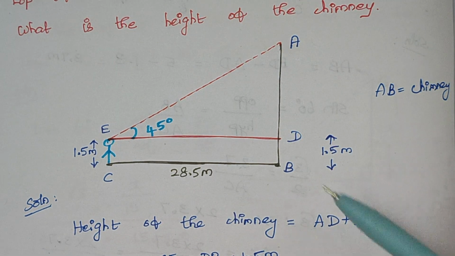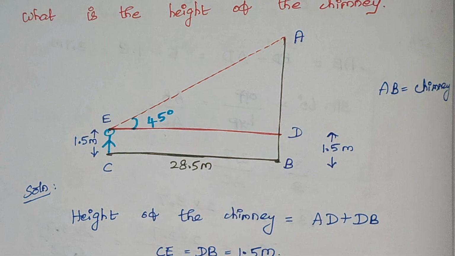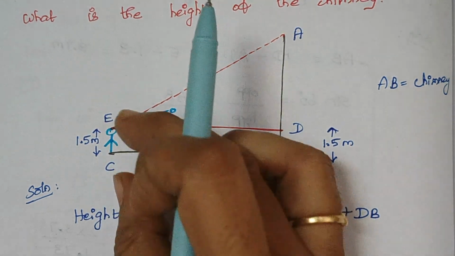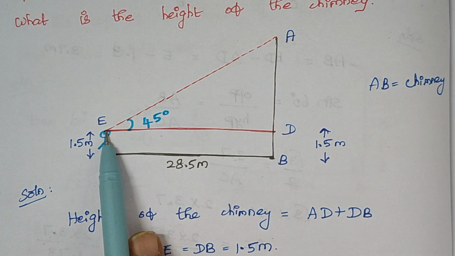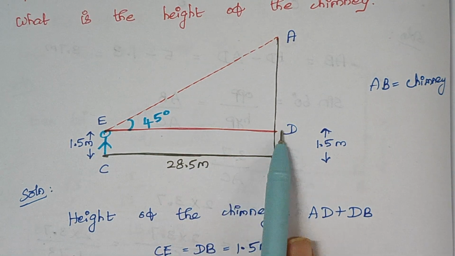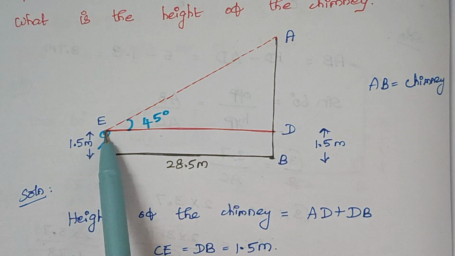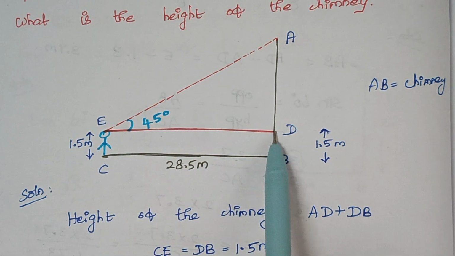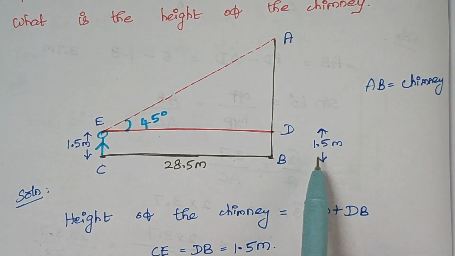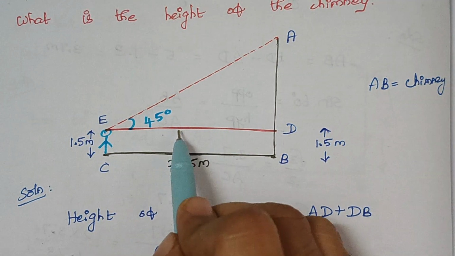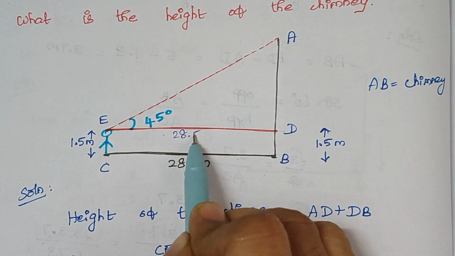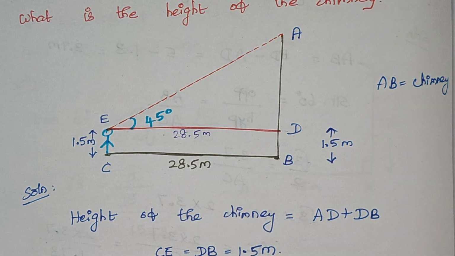We know DB because the height of the observer is 1.5, and this is like a rectangle, so the same height over here: 1.5. Similarly, here it is 28.5 and this side also holds the same value, 28.5.